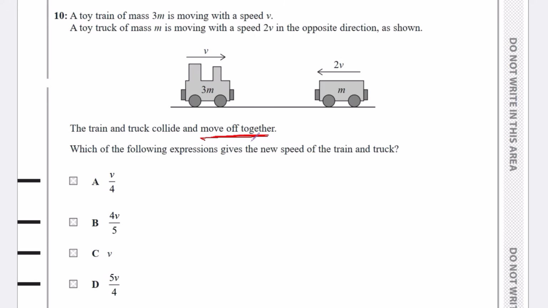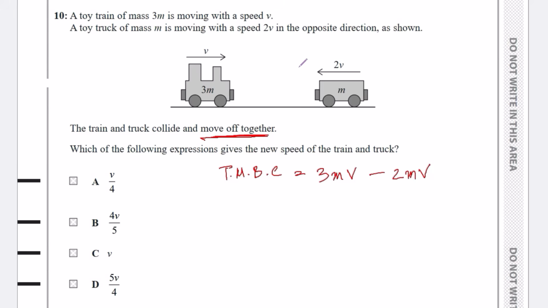Fine. So let's first find out the total momentum before collision, right? So total momentum before collision would be 3mv minus twice mv, because it's moving in the opposite direction.